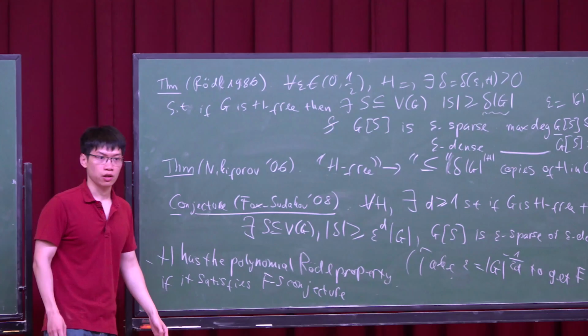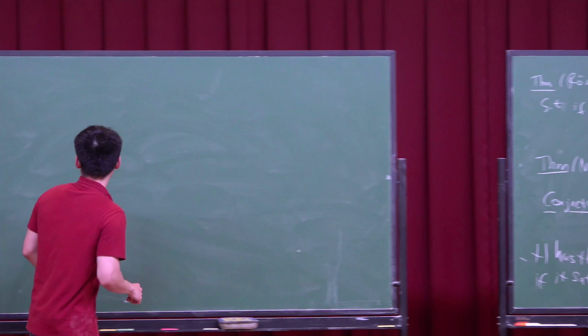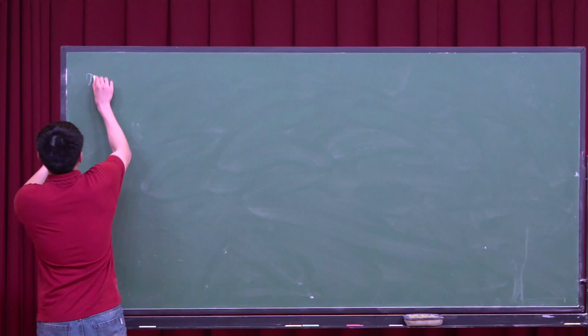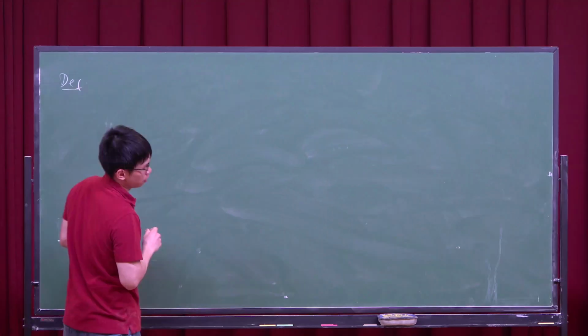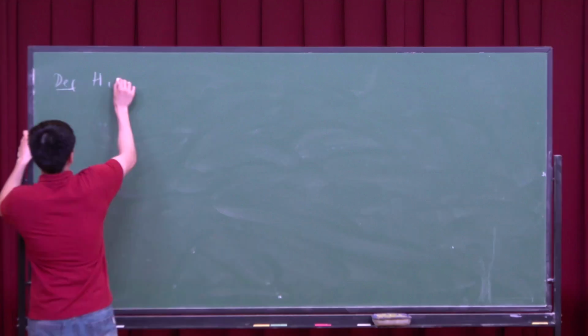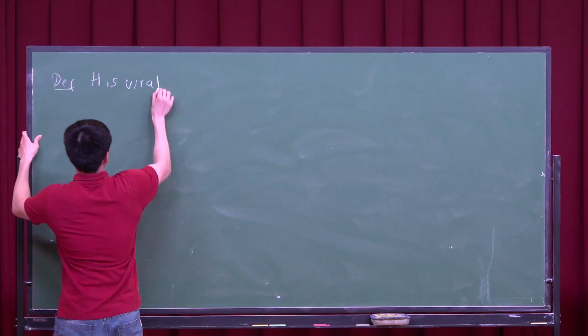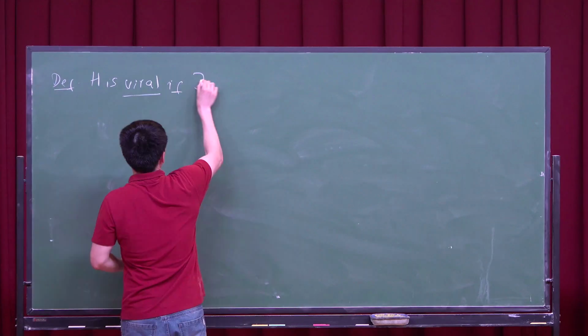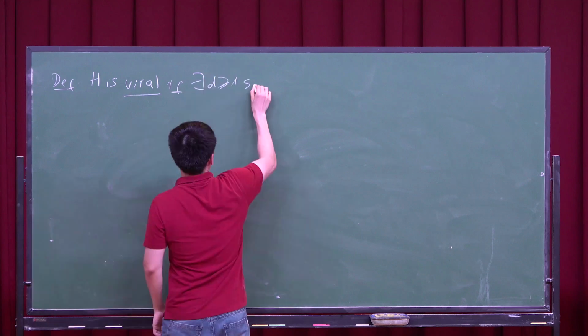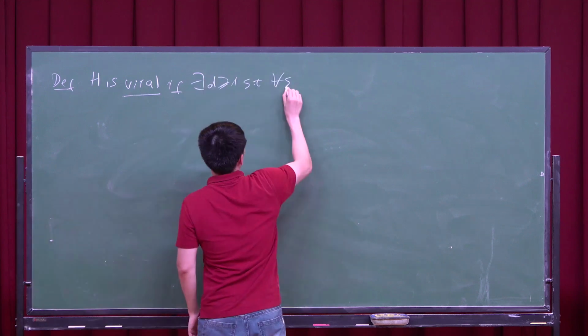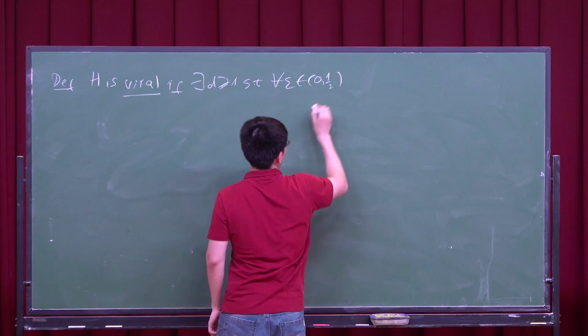So there's a property that says H is viral if there is D, at least one, such that for all epsilon from 0 to 1/2.